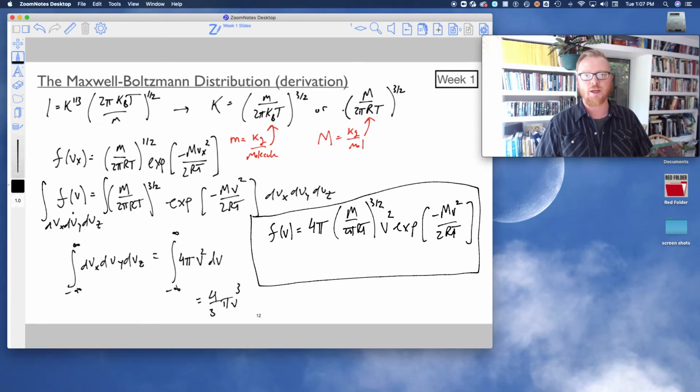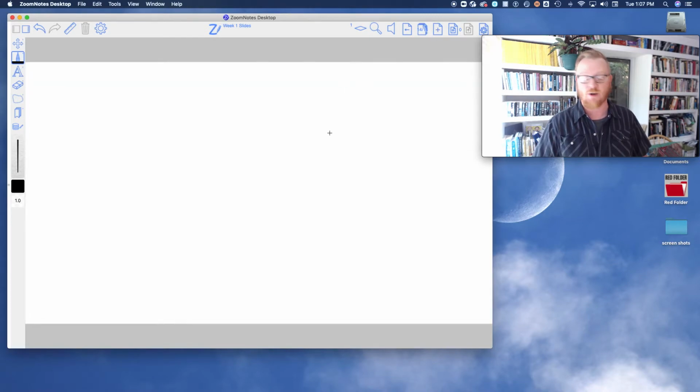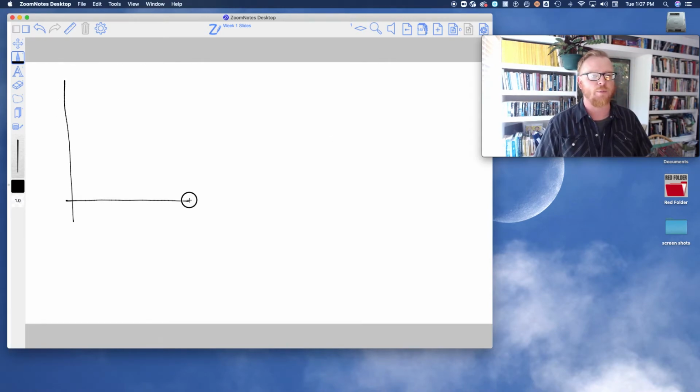And so there's a few things that I want to point out here. I think I ran out of slides, so I'm just going to start a fresh new slide. Let me give you a general plot of what this Maxwell-Boltzmann distribution looks like.